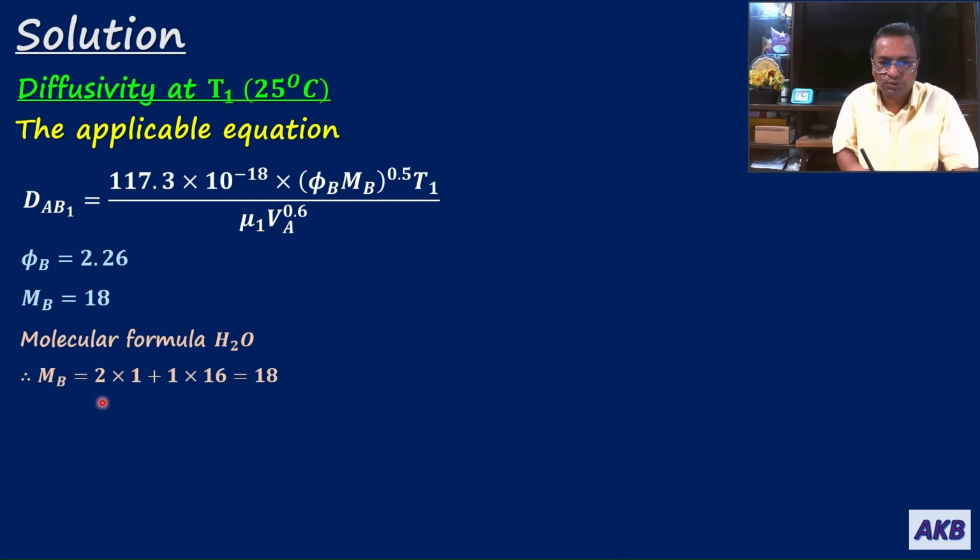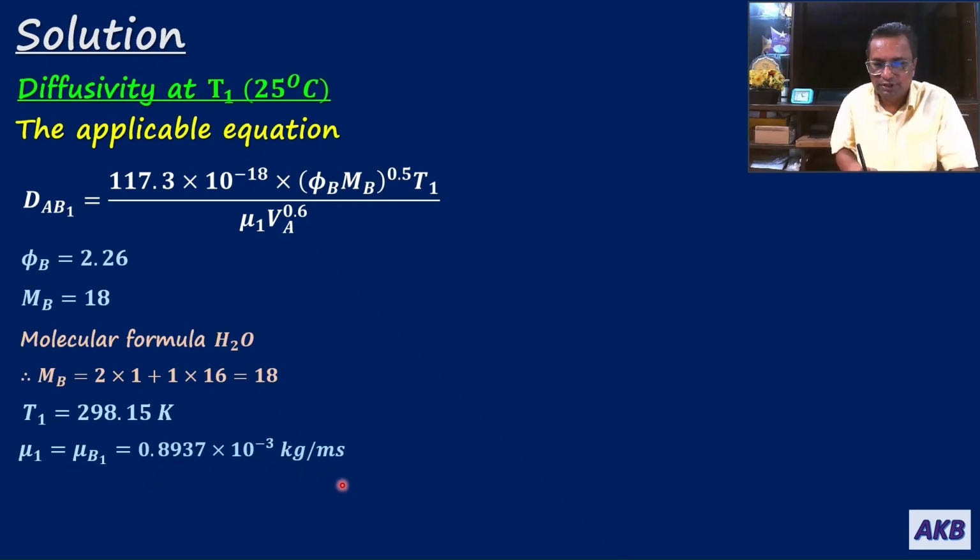Therefore, MB is 2 × 1, 2 atoms of hydrogen into atomic weight of hydrogen, plus 1 atom of oxygen into atomic weight of oxygen. You know that the molecular weight of water is 18. Then T1 is 298.15 Kelvin, 25 degrees Celsius. Mu1 is equal to mu B1, which is given to us, 0.8937 × 10^-3 kg per meter per second.